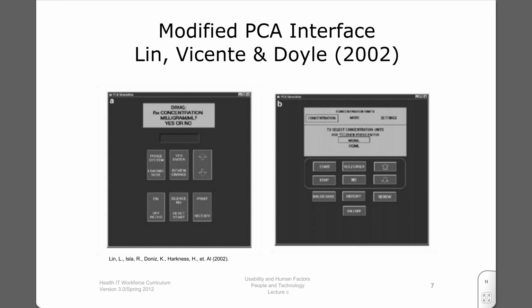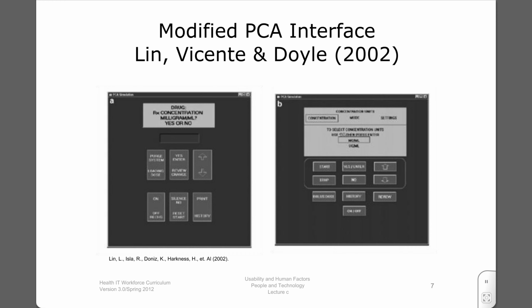PCA interfaces vary in complexity, and the one shown on the left-hand side is known to be problematic. For example, the buttons support dual functions. It has a very limited and poor interface and poor feedback. In fact, this device is known to have contributed to a number of patient fatalities over the course of the years. The picture on the right represents a redesign, at least the computer simulation of a redesign of the interface.